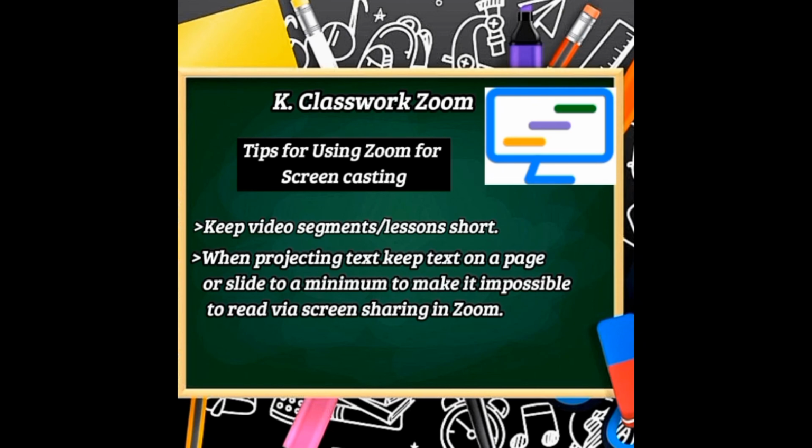Too much text or making text too small to fit on one slide will make it impossible to read via screen sharing in Zoom. So use Zoom's annotation tools to point out specific information or direct students' attention to a key point.